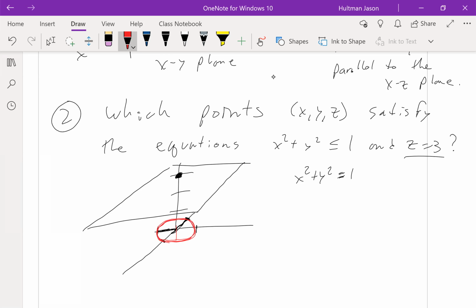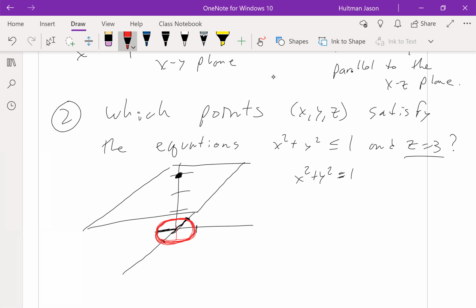But what do we know about the z value from here? The z value has to be at 3, right? So can the z value be 0? No, it can't be at 0.